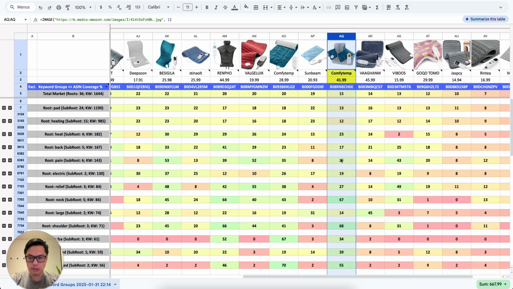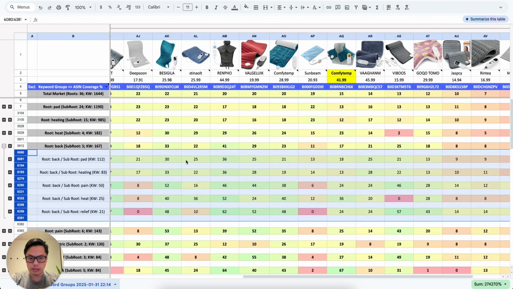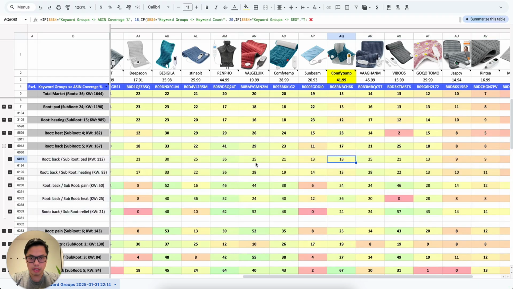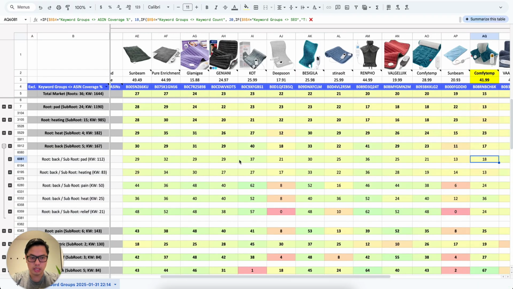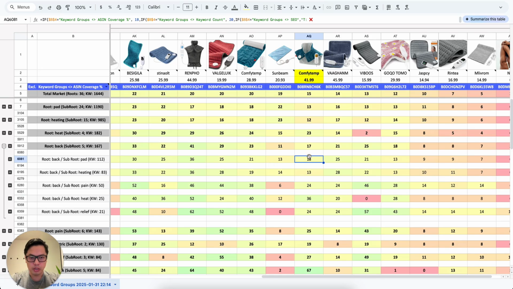Let's take a look at what we know about back. I think back is where they didn't excel as highly compared to everyone else. Yeah, most of these guys are much higher. So even though they are showing up for back keywords, this is the highest demand one, however they're not as high.